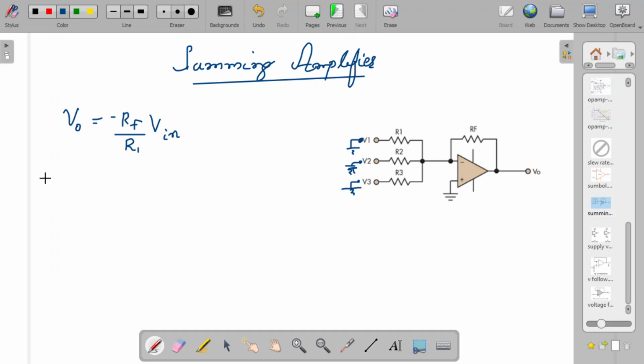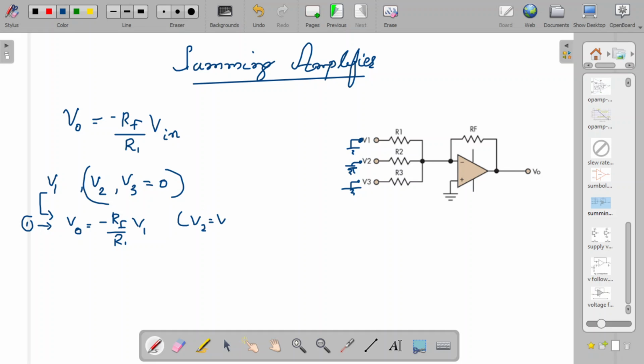So I am trying to do that, considering V1 alone. That means V2 and V3 are grounded. Considering the effect of V1 alone, I can write VO equal to minus RF divided by R1 into V1. Next, we keep V2 alone, with V1 and V3 equal to 0.